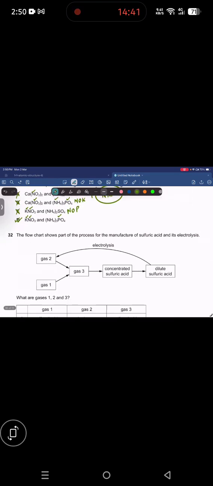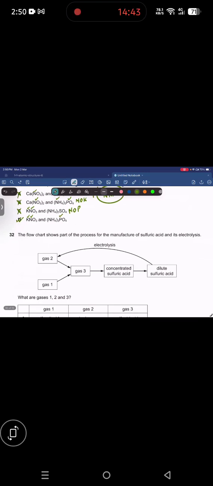Now, the next question. The flow chart shows part of a process for the manufacture of sulfuric acid, and its electrolysis. You have two gases here, gas 1 and gas 2.